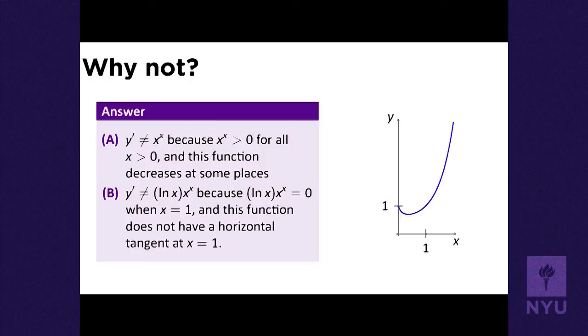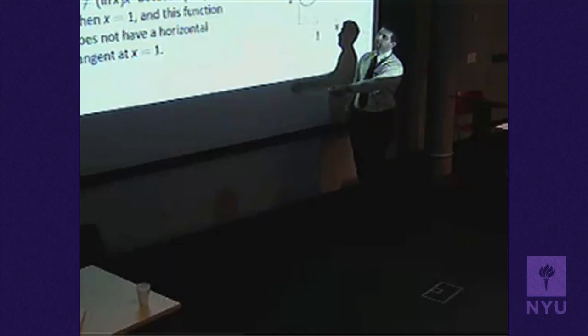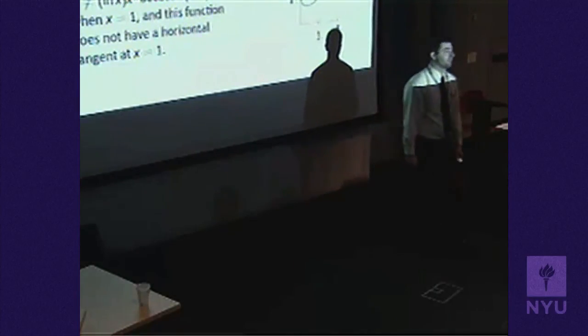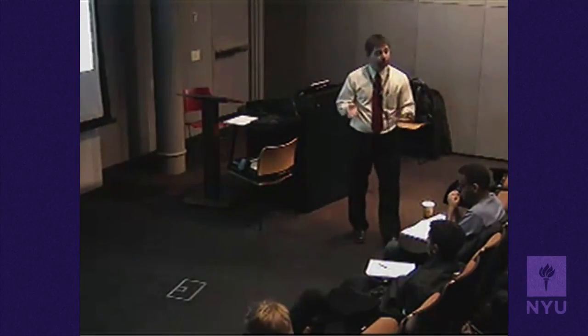Well, here's the point (1, 1), and you can see that the tangent line is not horizontal at (1, 1). Its tangent line is horizontal maybe here, but that's not (1, 1), that's something else. Okay, so that's the reason that the derivative cannot be natural log of x times x to the x. All right, so neither of these is right. It's not x to the x, it's not natural log of x times x to the x. It's got to be something else.